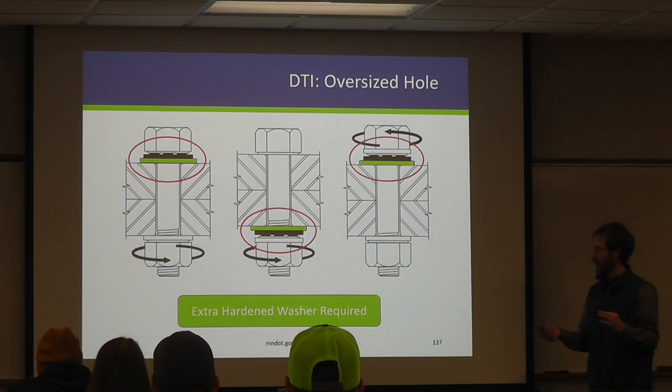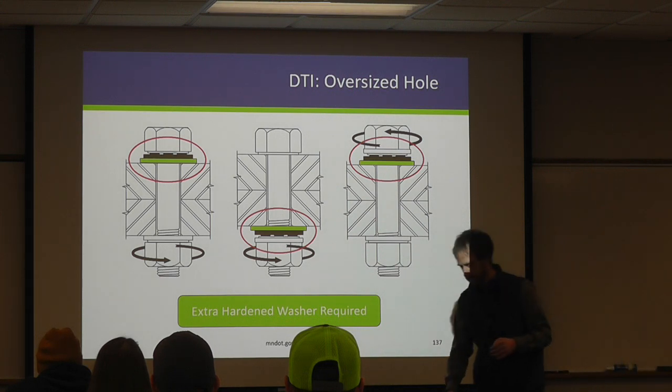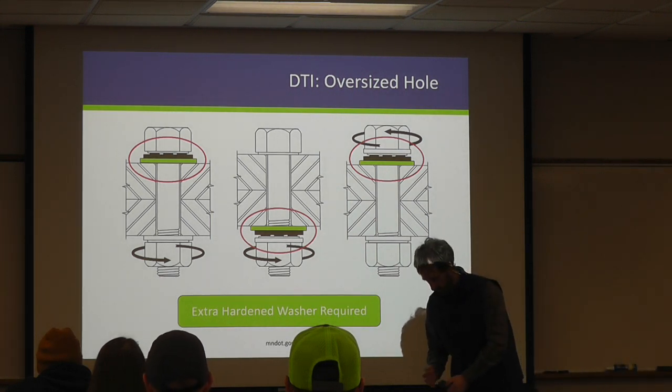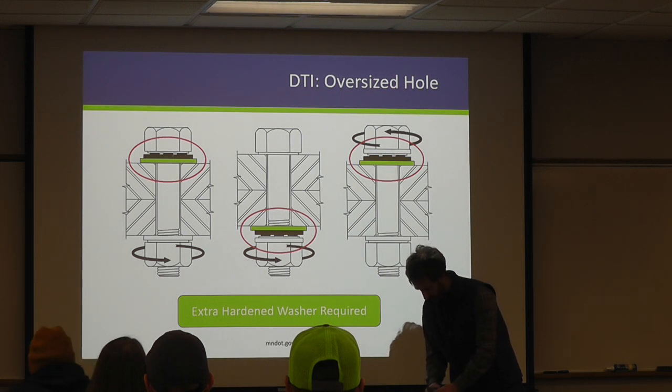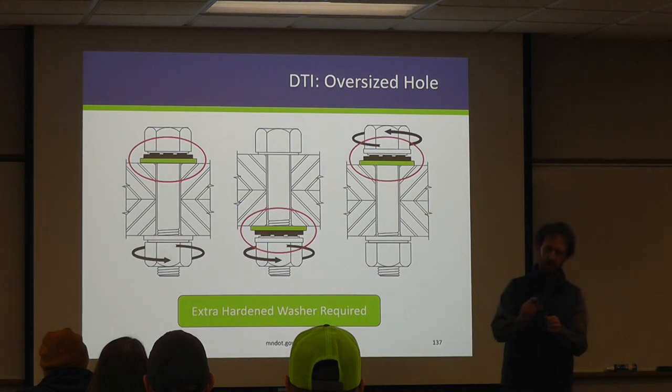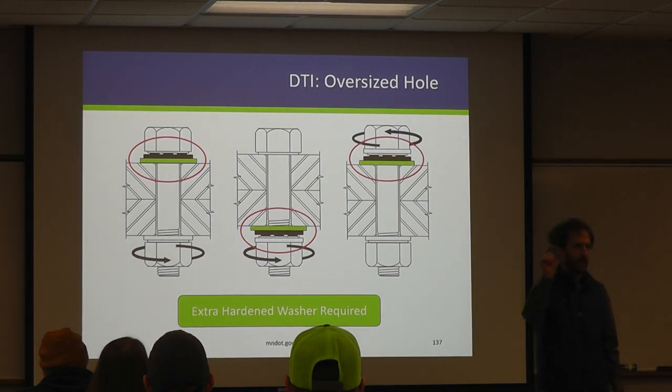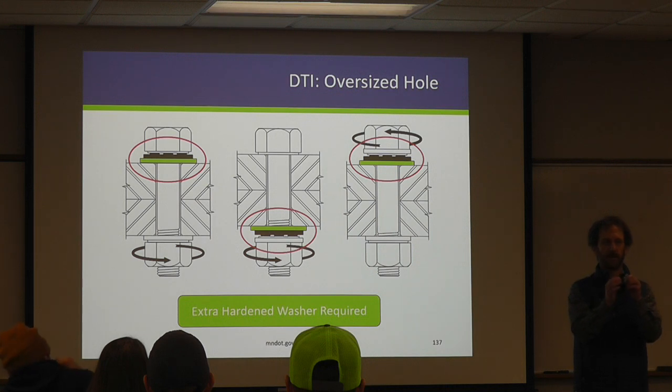And so we had the project that I was referring to where we had to go replace a lot of them. What ended up happening is they were installing their bolts, their DTIs all looked like they were crushed, right? The protrusions were flat. And we started looking at it, well, no, that washer's missing, so we made them take a couple out.